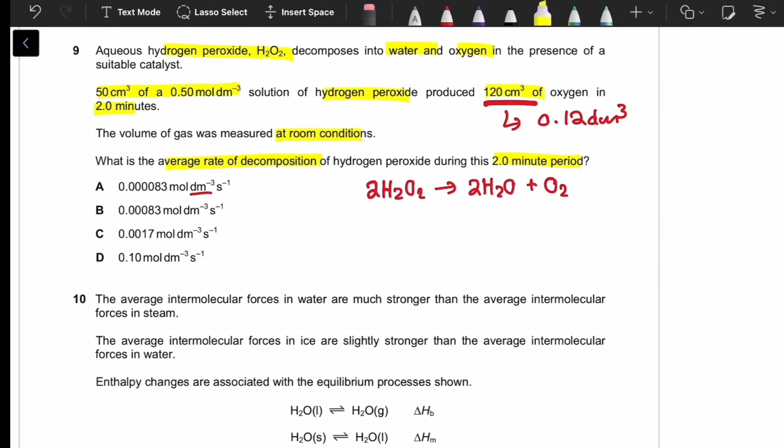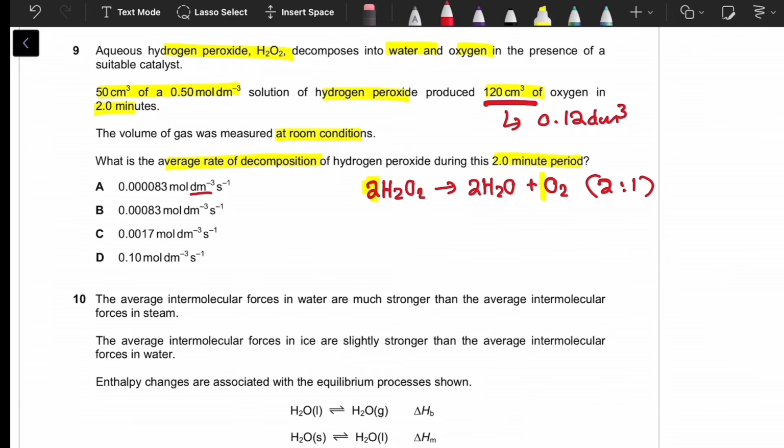Now, if you look at the equation for hydrogen peroxide decomposition, you know that hydrogen peroxide and oxygen are in a 2 to 1 ratio, which means for whatever moles of oxygen are produced, double the amount of hydrogen peroxide was decomposed.